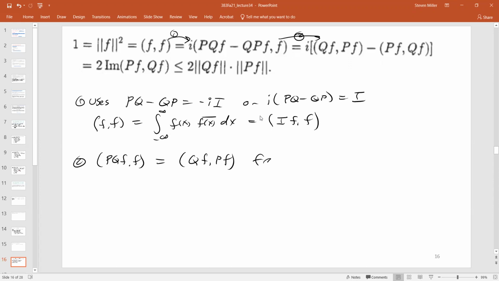So PGf is the same as g Pf. If you think about what P is doing, P is taking a derivative. So we just have to prove that these two expressions are the same: that if we take the derivative of g and hit that with the complex conjugate of f and integrate, that's the same as taking g and hitting it with the complex conjugate of the derivative of f.